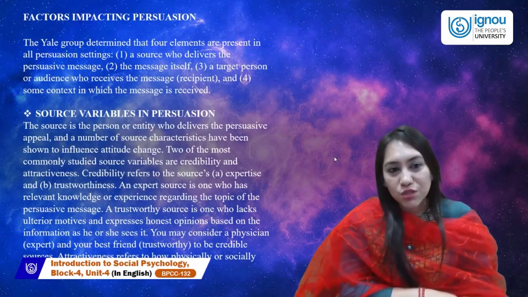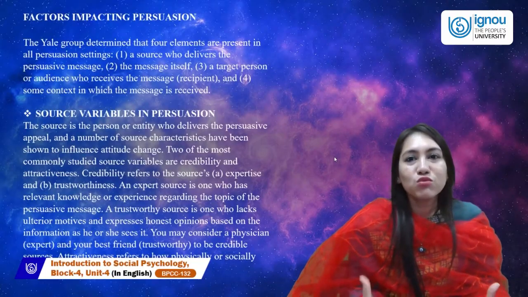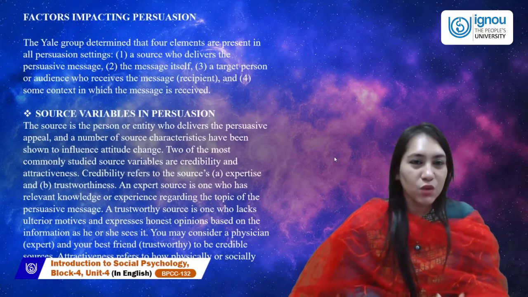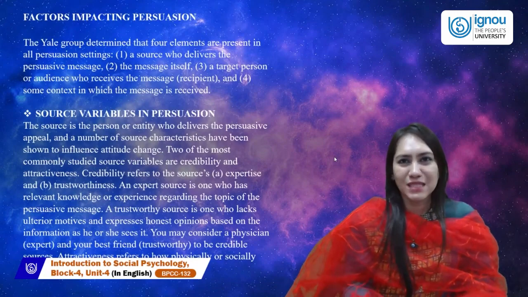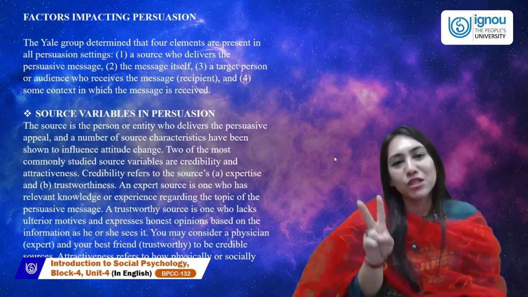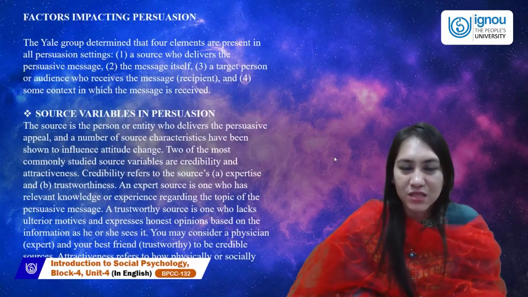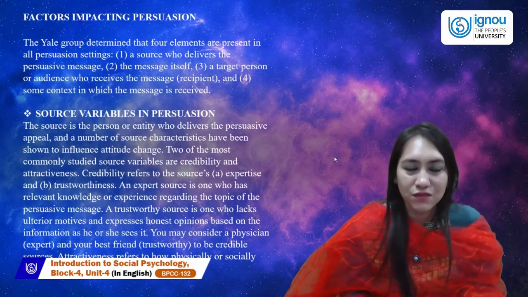The first is the source variable, the person who's delivering the information. Let's take an example: you went to buy a television, and the two most important source characteristics you would look at are credibility and attractiveness.